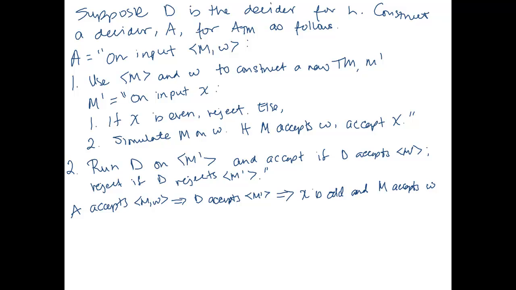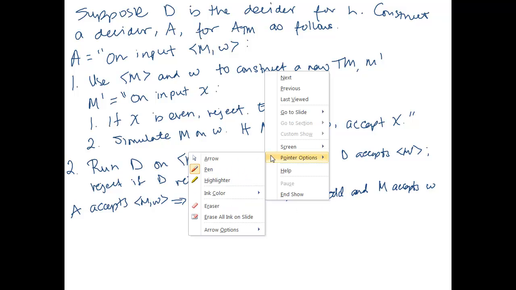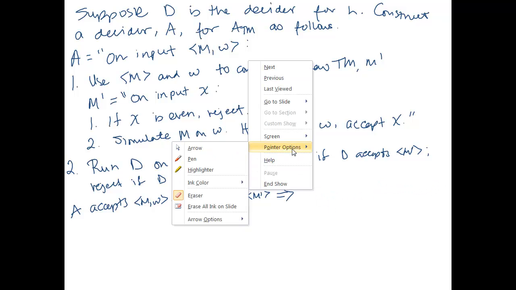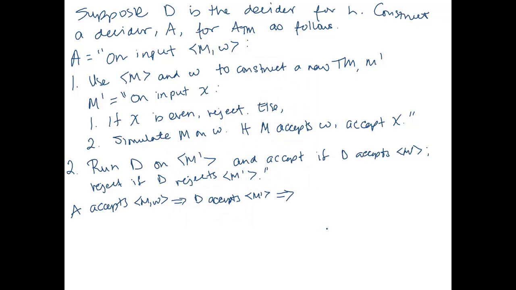D accepts M prime when the language of M prime contains all odd numbers, and it does that when M accepts W. So A, our decider for ATM, accepts MW when M accepts W.